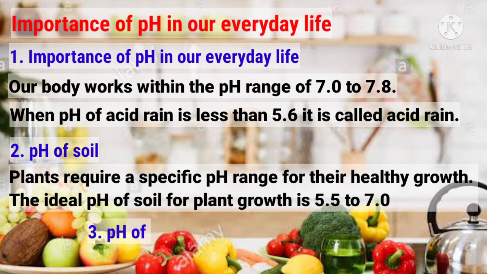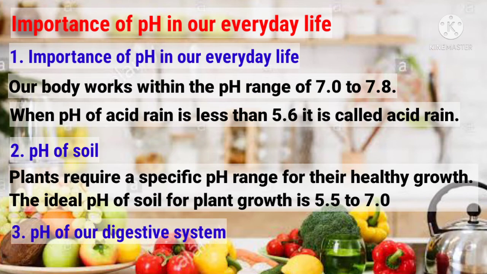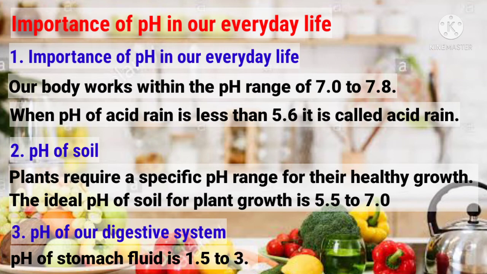pH of our digestive system. We all know that our stomach produces an acid called hydrochloric acid. This acid has a pH that ranges from 1.5 to 3. During indigestion, a high amount of the acid is secreted in our body and hence we feel certain irritations as well as pains.